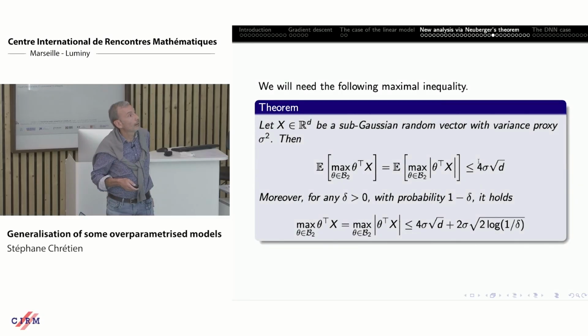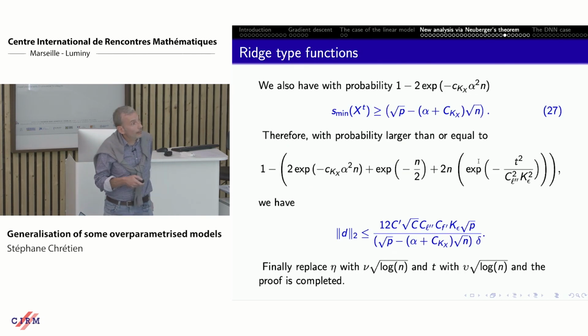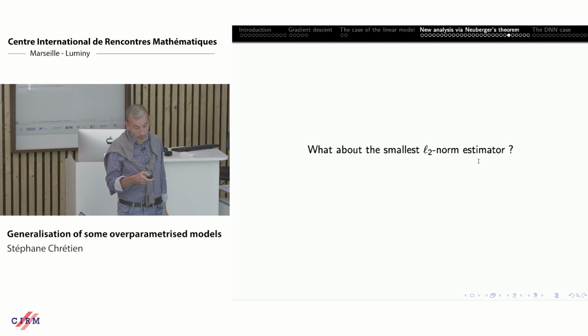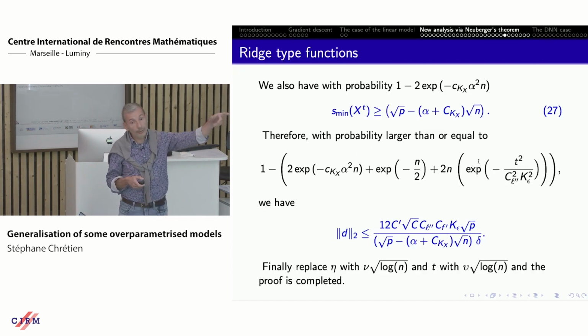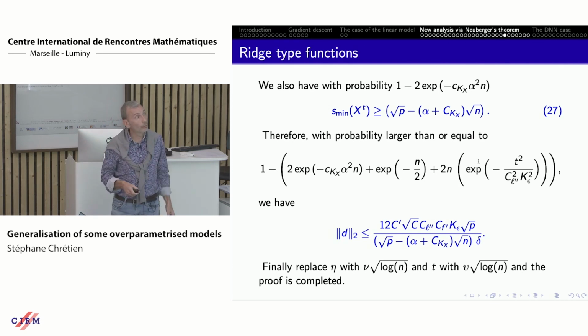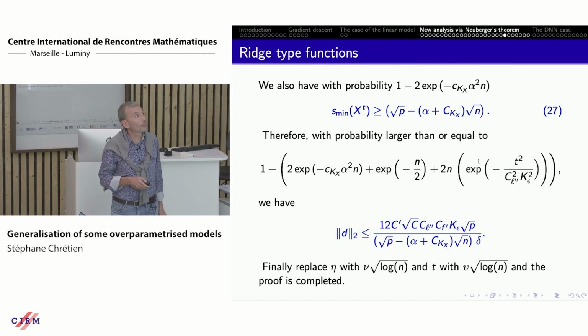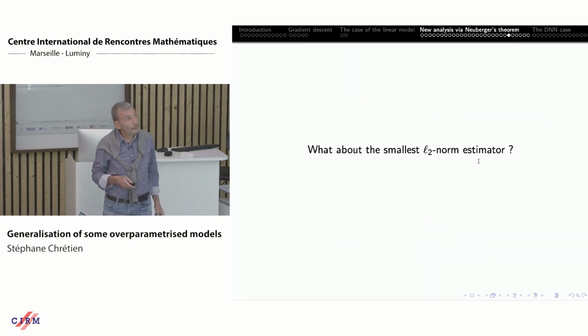At the end of the day, you end up being able to control everything, and you get that with high probability, you have this bound on the solution of that system, and this guarantees that this radius here is the one you should take that will control how far you have to go from the truth to your estimator. So that proves that you have something that solves your empirical risk minimization problem in that neighborhood of the truth.